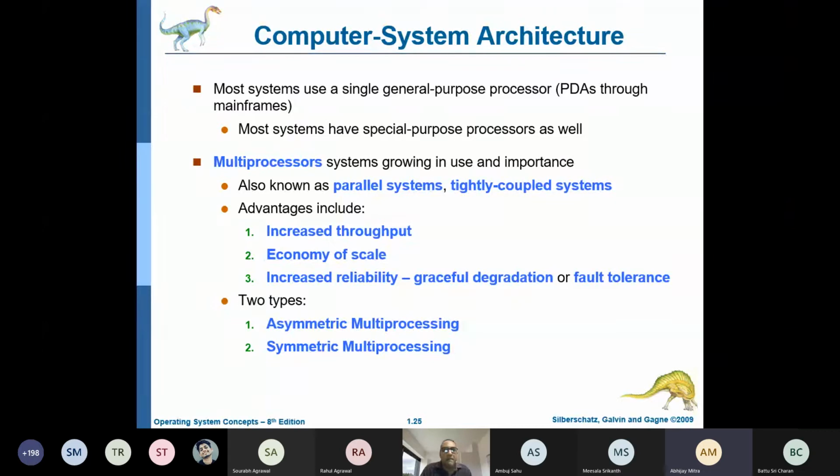Sir, wouldn't there be any compatibility issues between the processors? No, not a compatibility issue. If there is something, what would compatibility mean? You have a process, and you are giving a job. The job will be allocated to the multiple processes by the operating system in a coordinated way.